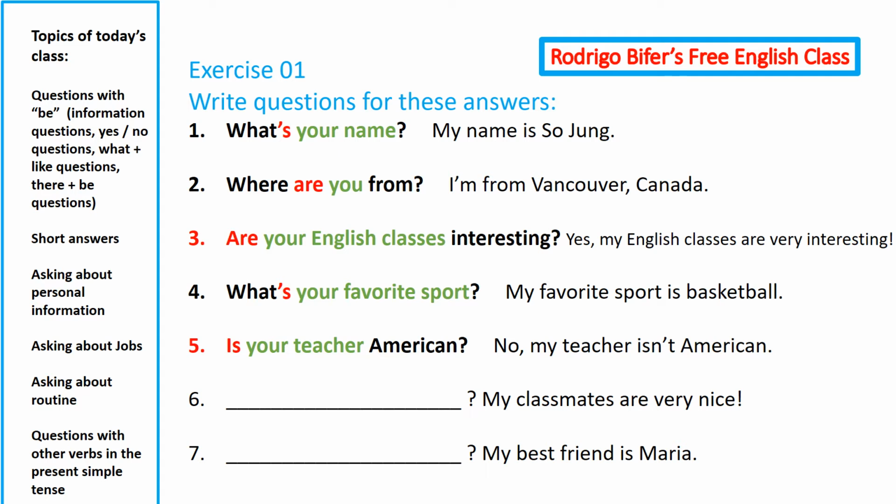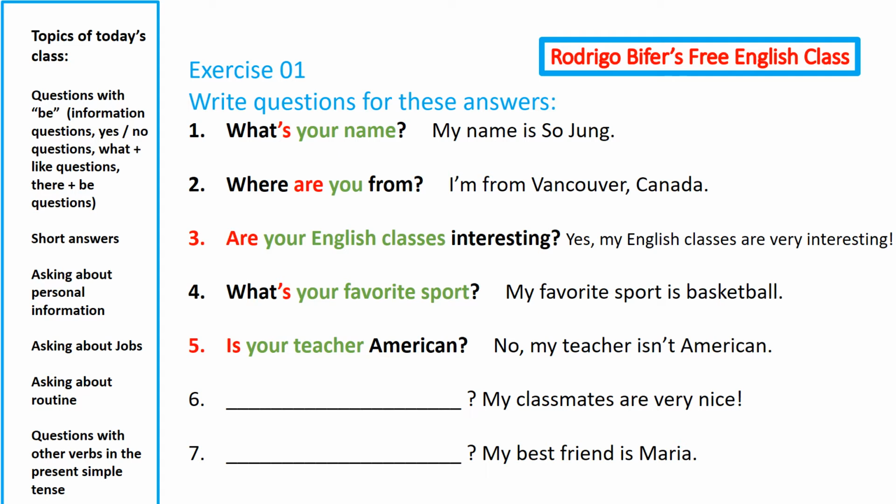And the answer is no, he is not, or no, he isn't, or no, my teacher isn't American. Teacher is a word that could be used for both a man or a woman. So he isn't American, she isn't American. Is he American? Is she American? No, he isn't. No, she isn't.